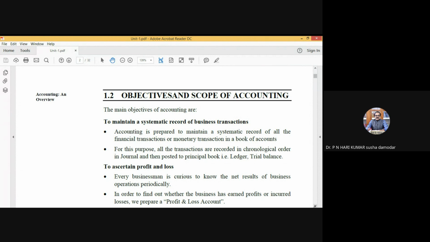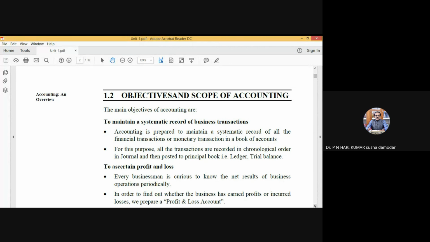What are the books of accounts to be maintained in accounting? Normally, as per the principles of accounting, every businessman has to prepare a journal, ledger, and trial balance.